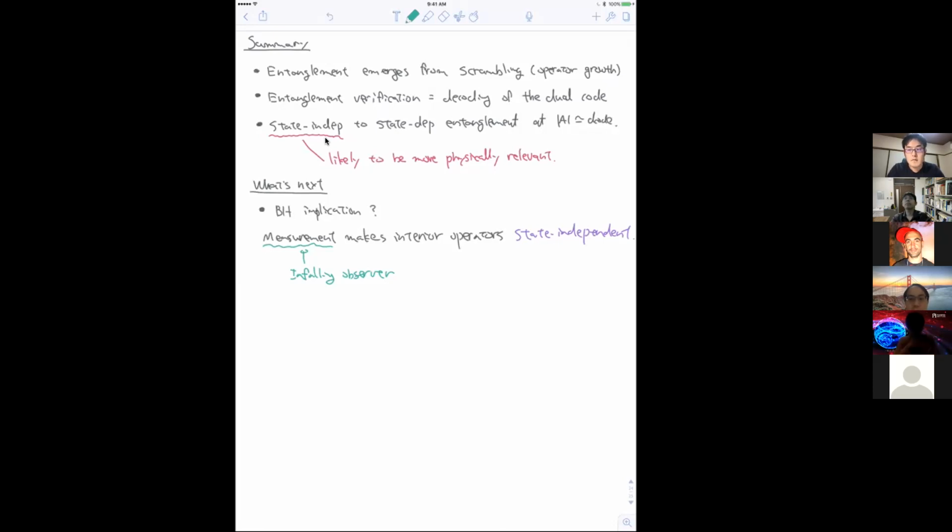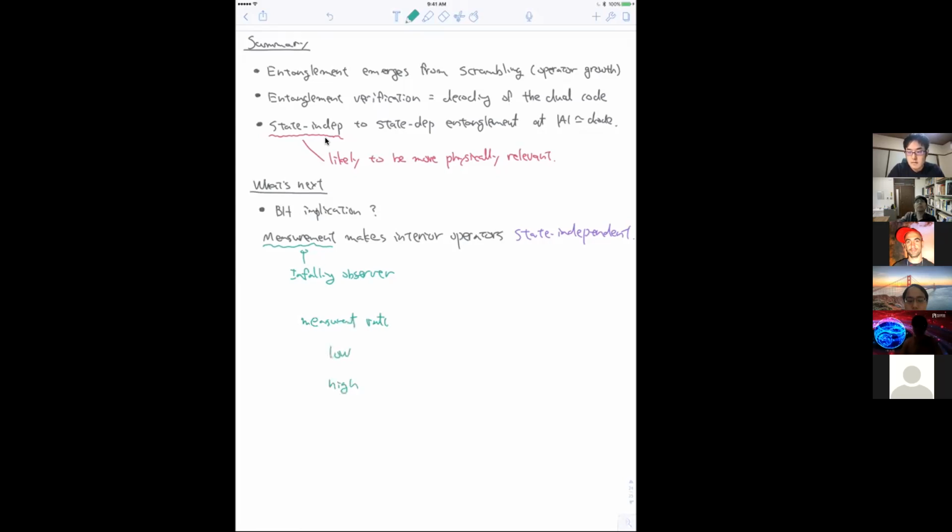Well, do you expect the time for the state independence to become shorter in the case of weak measurement? That's a good question. It's tricky, so let me think. The measurement rate is low versus high.